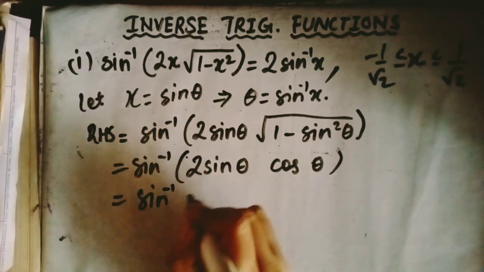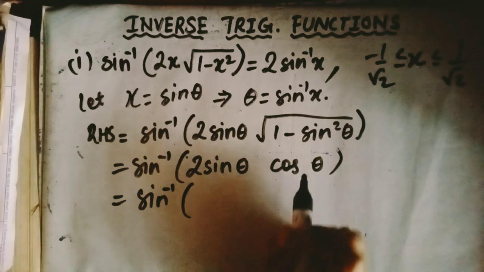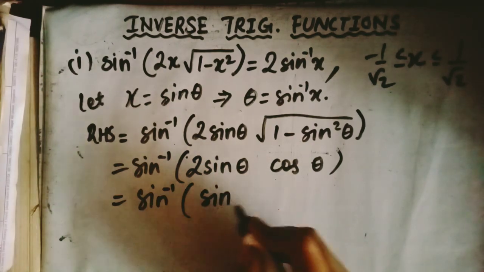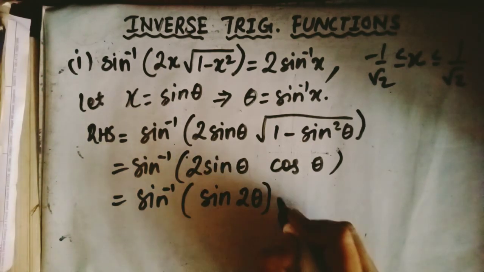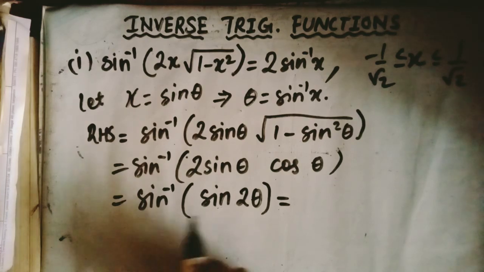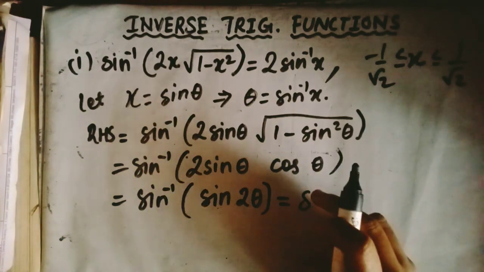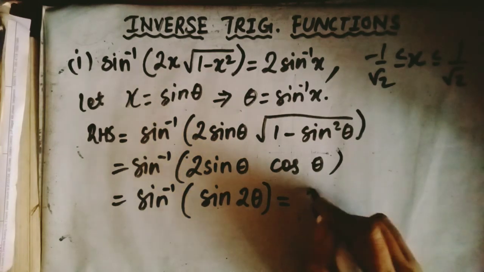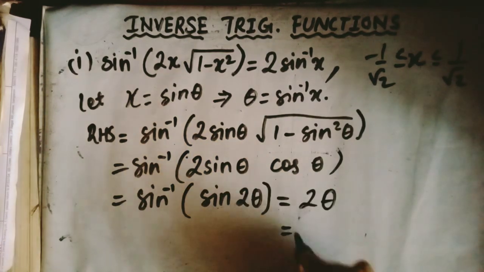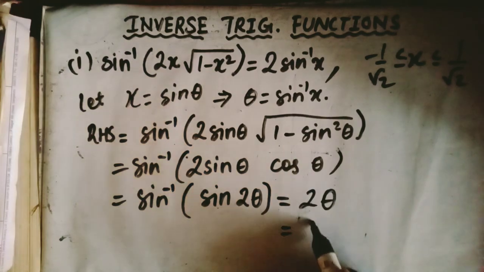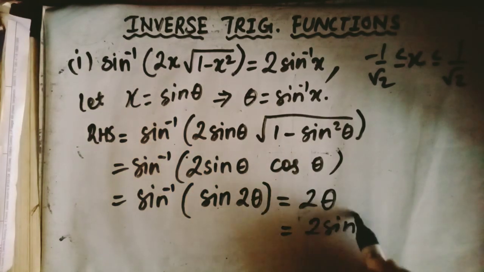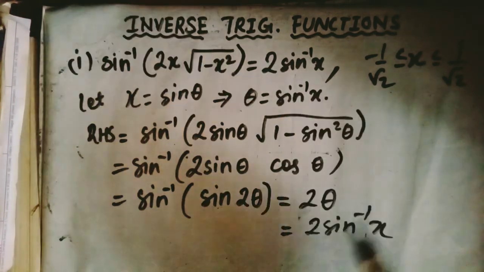Now this is our trigonometric identity, that is sine 2 theta, right? So sine 2 theta, using the property sine inverse of sine of x, you will get this as 2 theta. And theta is nothing but sine inverse of x. So we got the desired result.